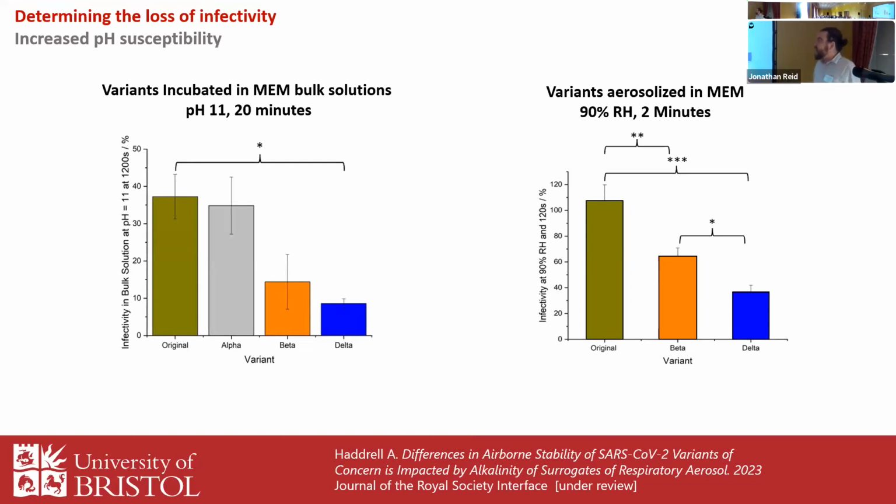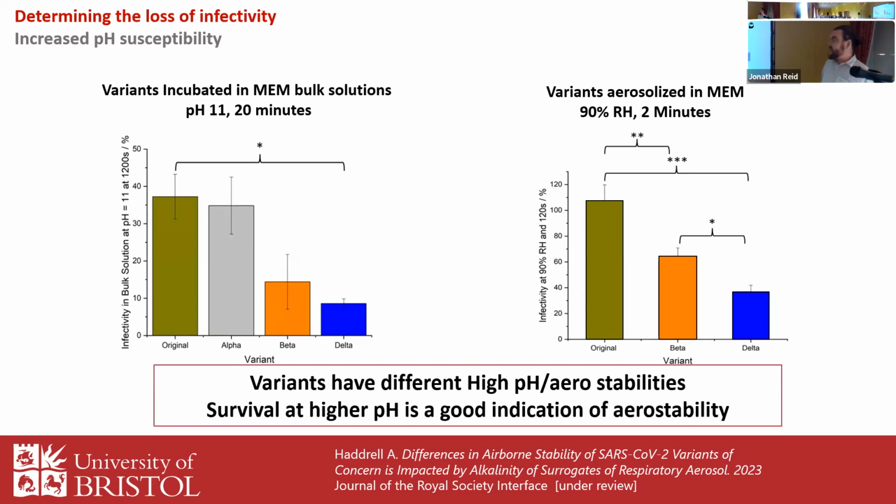And this susceptibility at high pH was really reflected in the aerostability. As you can see, the original and the Delta variant differ, so aerostability was selected for over time as well. The variants had different high pH aerostabilities, and the survival at higher pH was a good indication of aerostability.